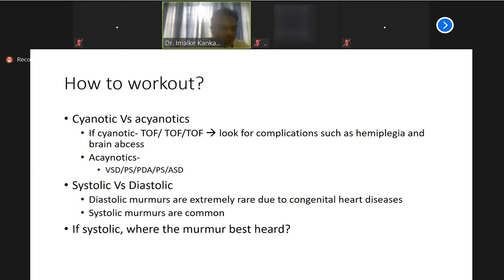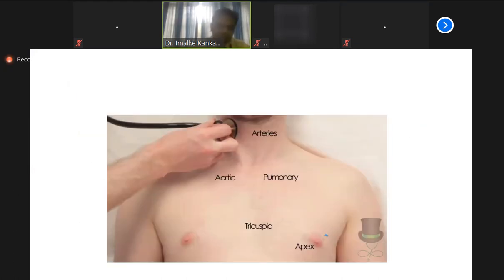Almost always try to differentiate whether this is ejection systolic, pansystolic or a machinery murmur. That will be your task. If systolic, where is the murmur best heard? The best heard location is the key in pediatrics. I'm going to discuss this in detail. Don't try to diagnose or give incompatible things.